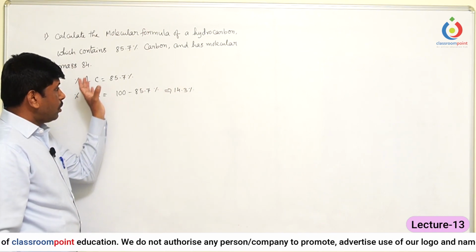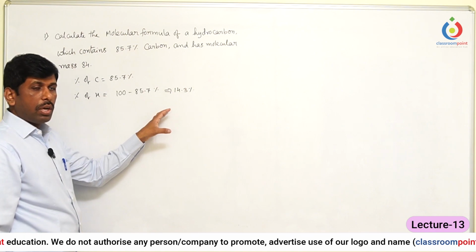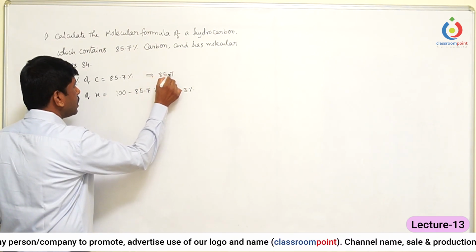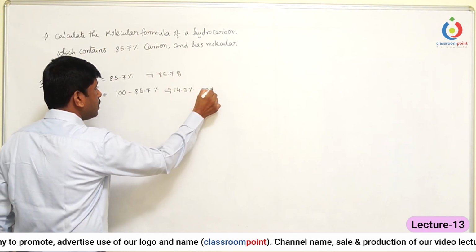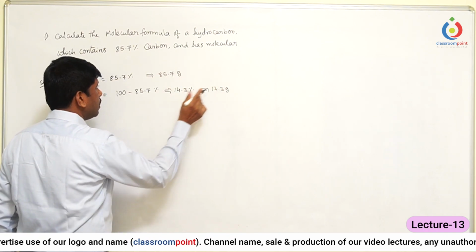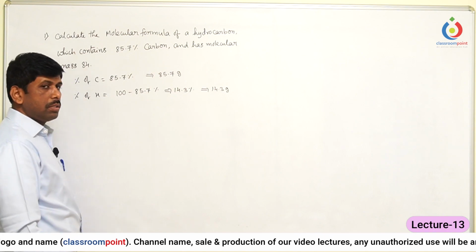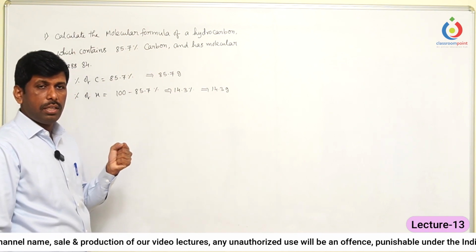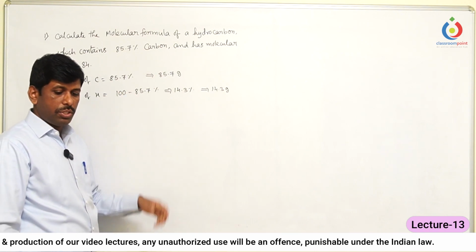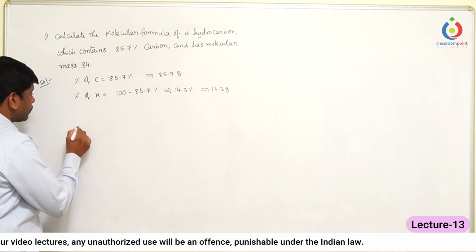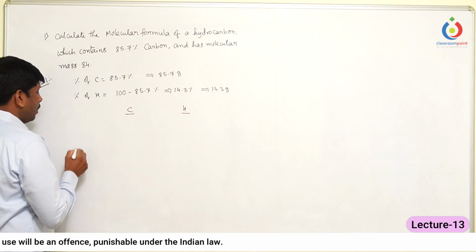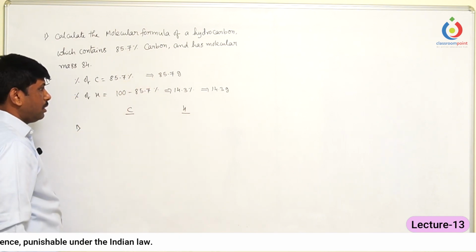If you imagine the total mass of the molecule is equal to 100 grams, then this value is equal to 85.7 grams and this value is equal to 14.3 grams. So the mass of the elements is given indirectly. Using that, let us calculate the mole ratio. So the first rule is, let us take the carbon and hydrogen. The sum of the percentages is over.